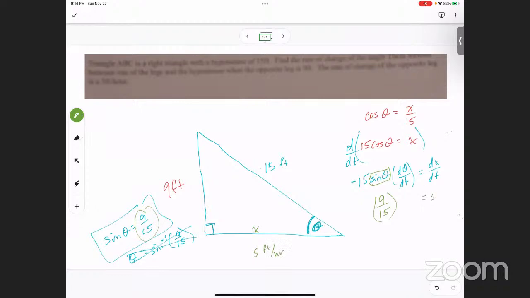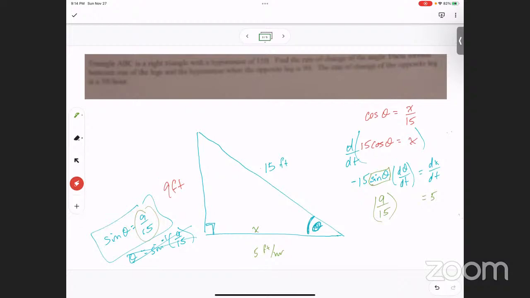Yeah, but I think that's also on the opposite leg, because it says the rate of change of the opposite leg. I know it is, but remember we use this formula with this leg, and then they told us at the point of the opposite leg, we use that to come up with the sine of theta.